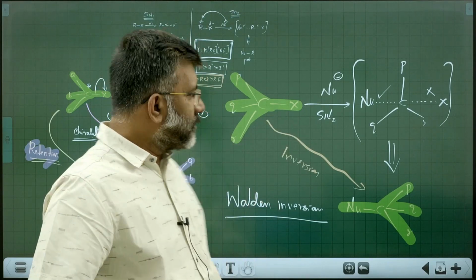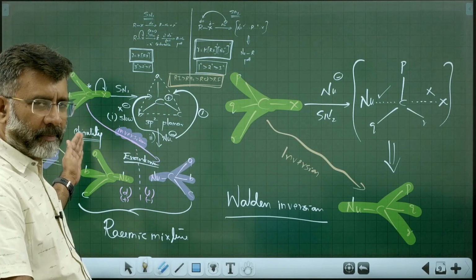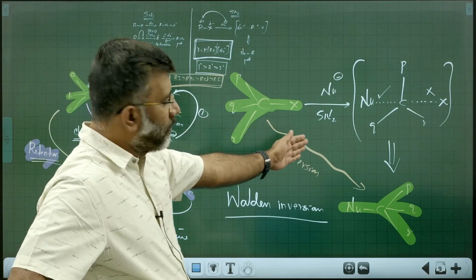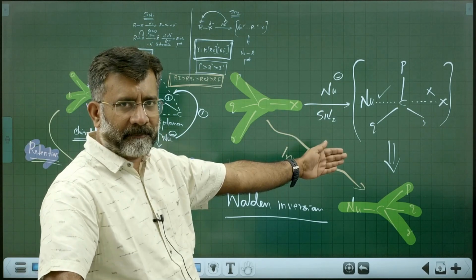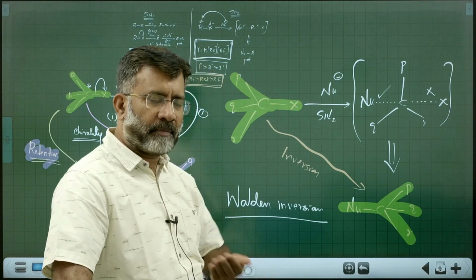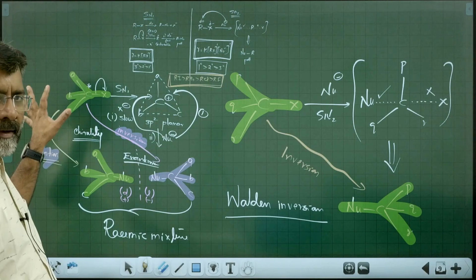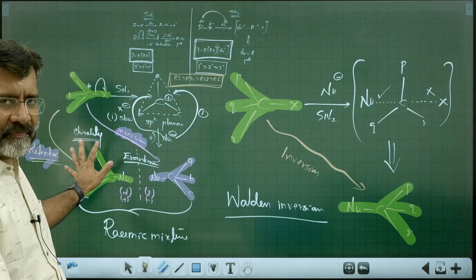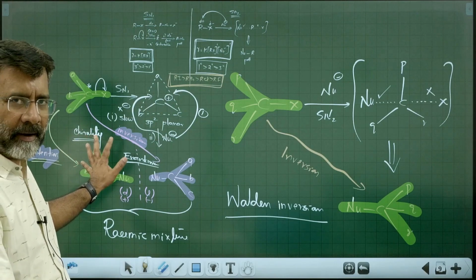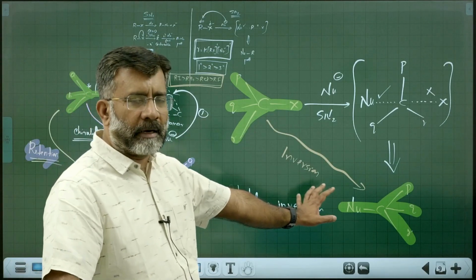This happens predominantly for tertiary substrates, and this happens predominantly for primary substrates. For secondary substrates, depending on other conditions, it may go by SN1 or SN2. Here it is a 50-50 attack, 50-50 retention and inversion, and you get a racemic mixture. Here you get 100% inversion.